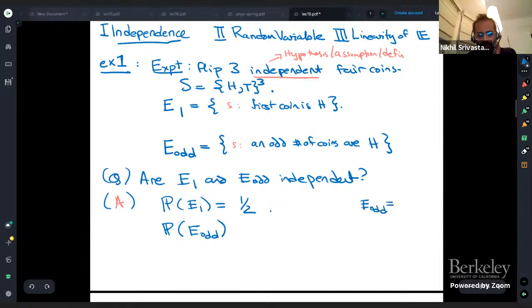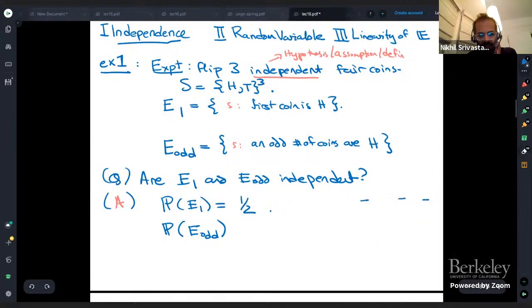So you observe that E odd is a union of 2 events. Let's give these different letters, F1 and F3. Actually, let's just do it like this.